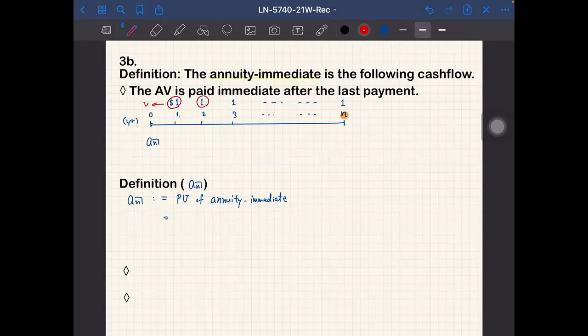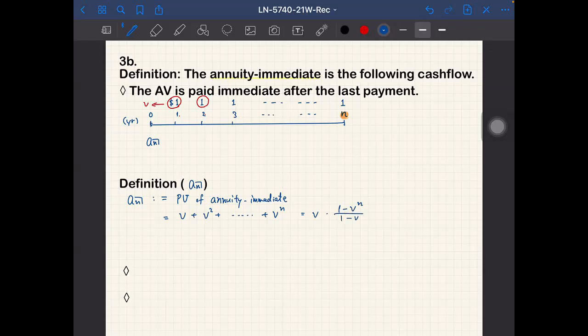So the present value of annuity immediate is v plus v squared up to v to the nth power. So this is the summation of a geometric sequence. So this is equal to v times (1 minus v to the nth power) divided by (1 minus v).